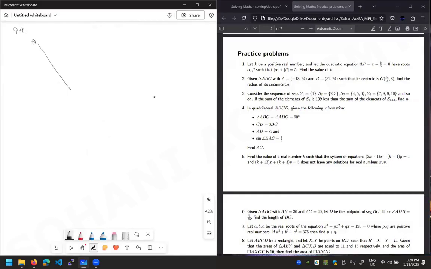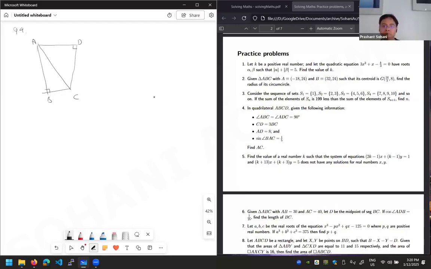So sir, sine of angle ABC is 1 upon 5. Yes. So first we can construct the figure: triangle ABC right-angled at B, and then triangle ADC right-angled at D. Yes. So we'll take BC as x, and so because of that, AC is equal to 5x, because sine of angle BAC is opposite upon hypotenuse.